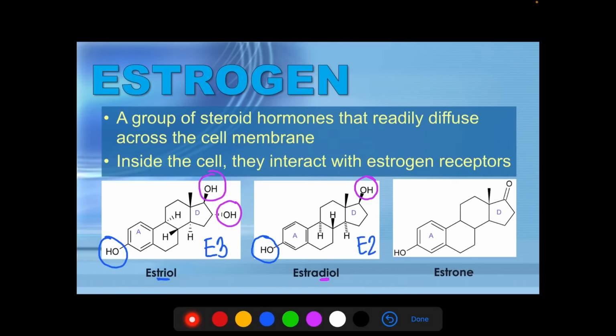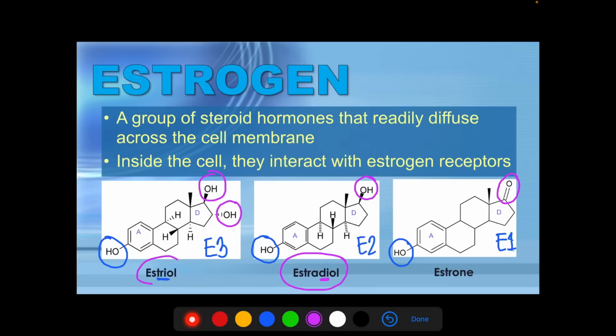Whereas the estrone, there is a ketone group that is attached to the D ring. This one is E1, and there is also a hydroxyl group in the A ring. And take note that this estradiol plays an important role in the regulation of the menstrual cycle as discussed earlier.